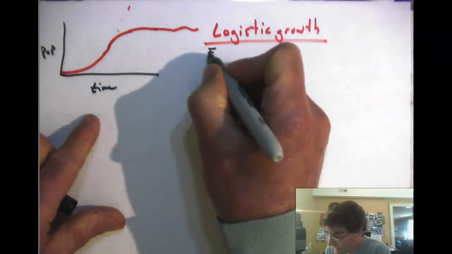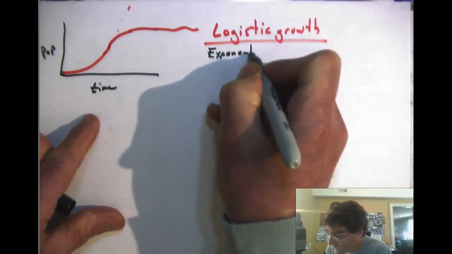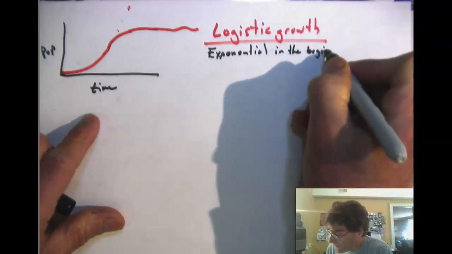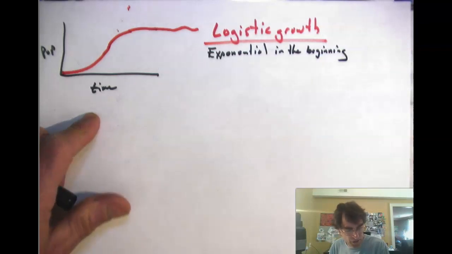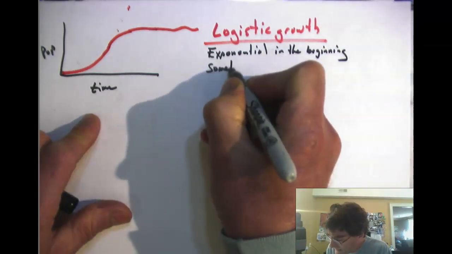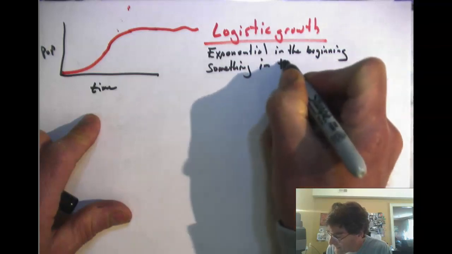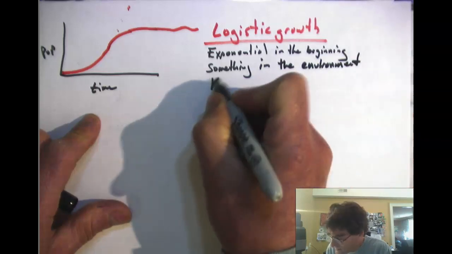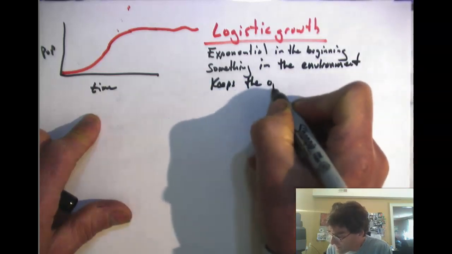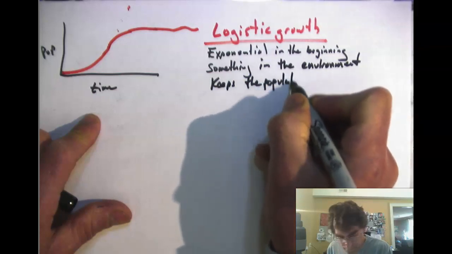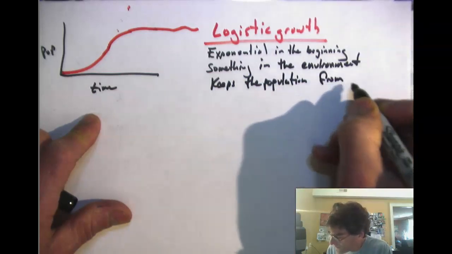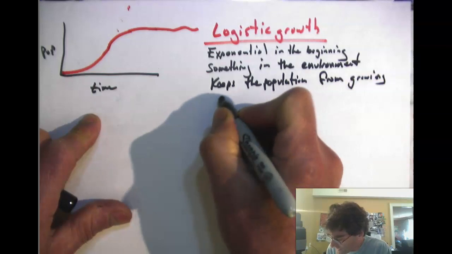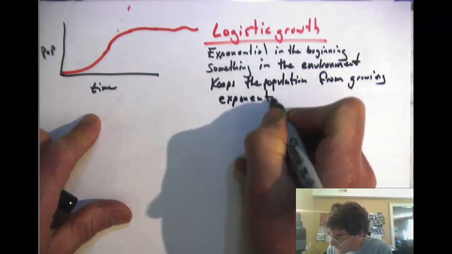And that is exponential in the beginning, but then something in the environment keeps the population from growing exponentially, right?